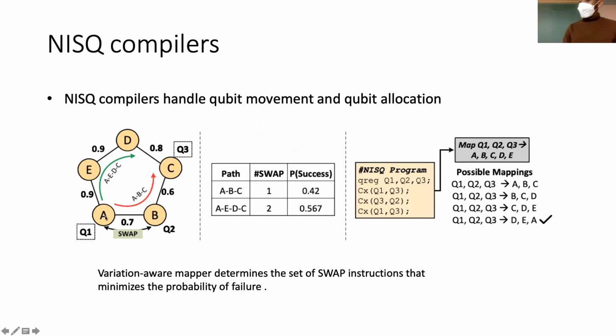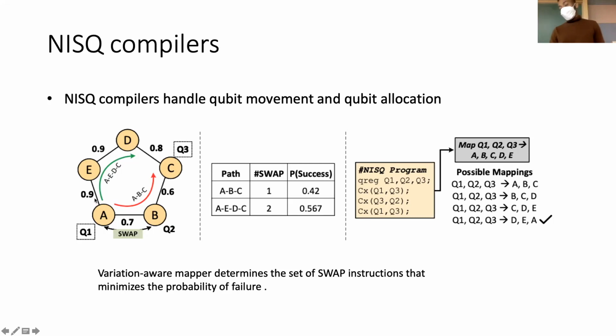The second is to move the information on qubit A to B, then apply the 2-qubit operation. The first path has a larger number of swaps and is longer, but the second one is shorter.